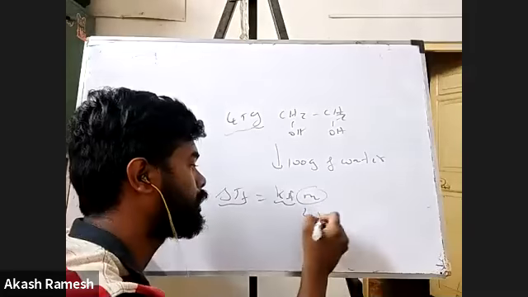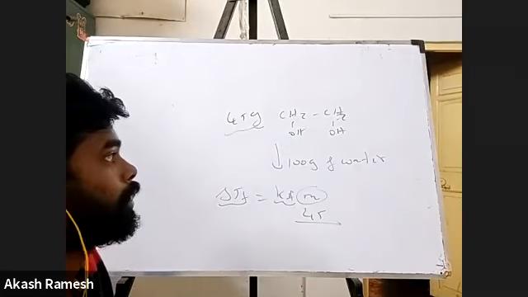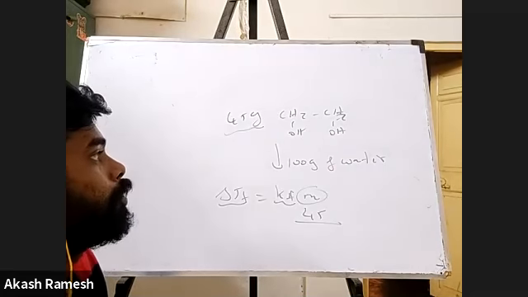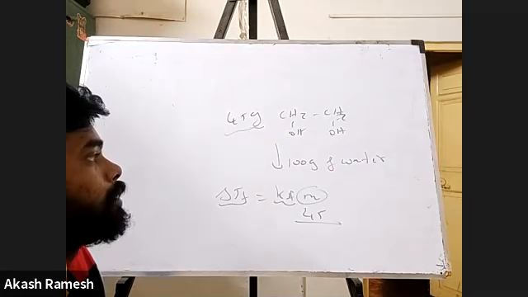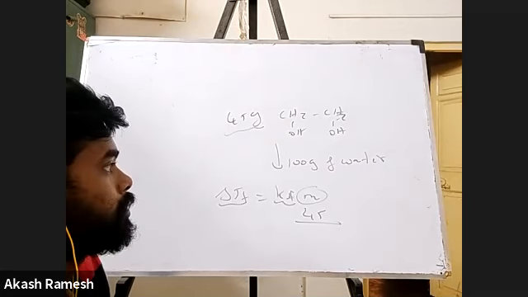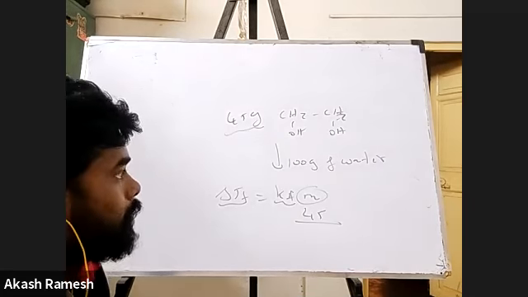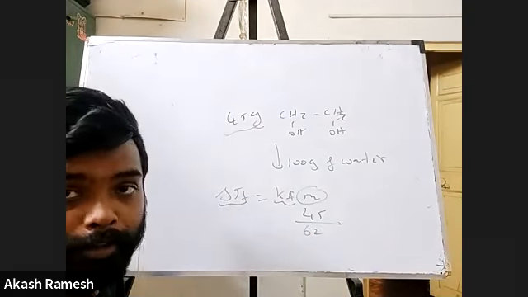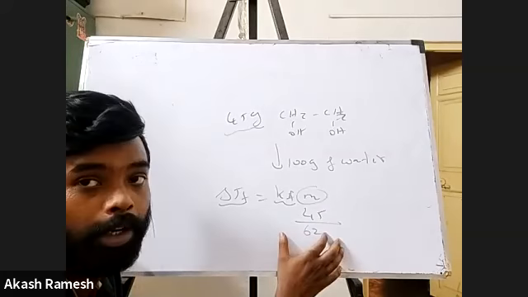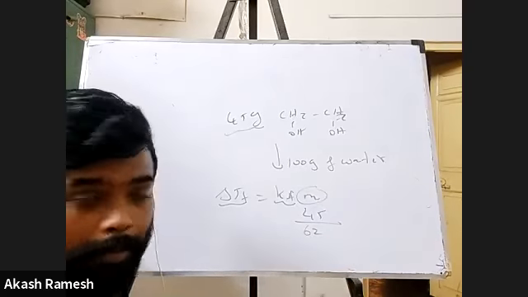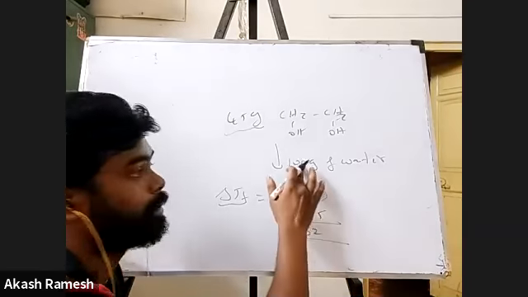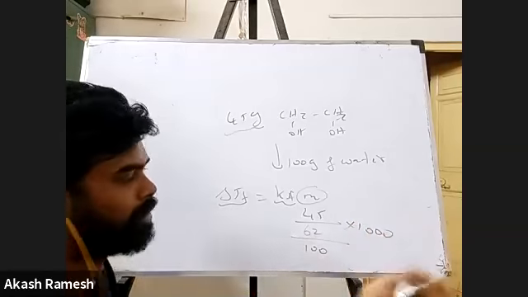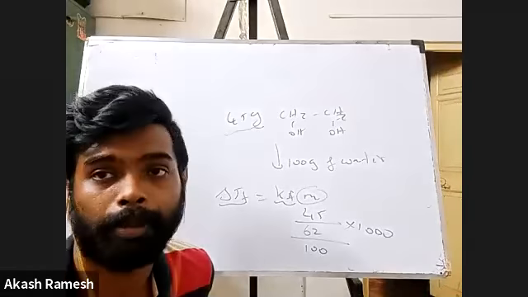How will you calculate molality? 45 divided by the molecular mass of ethylene glycol, and that would be 24, 26, 28, 30, 30 plus 32, right? 62. So 62 is the molecular mass of ethylene glycol. So 45 by 62 is the number of moles, divided by the mass of solvent. The solvent here is water, 100 grams into 1000. That's it. You have to solve it. Very simple. Direct formula substitution.